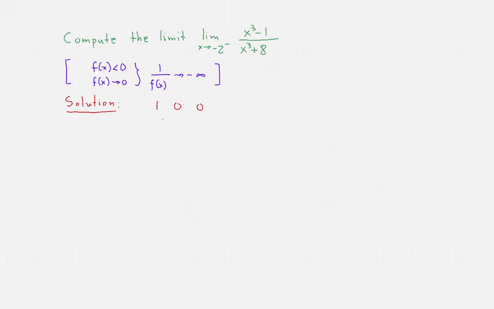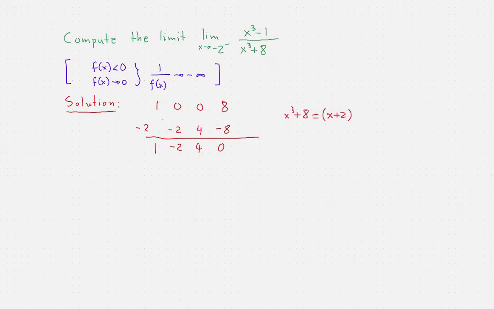So I write a -2 here. I have 1, -2, -2, 4, 4, -8, 0. So this gives us that x cubed plus 8 is equal to x plus 2 times x squared minus 2x plus 4.